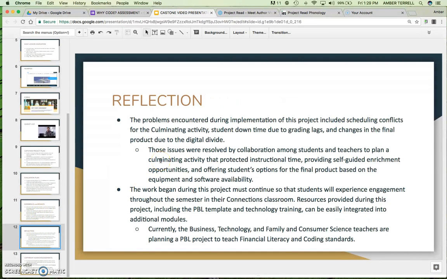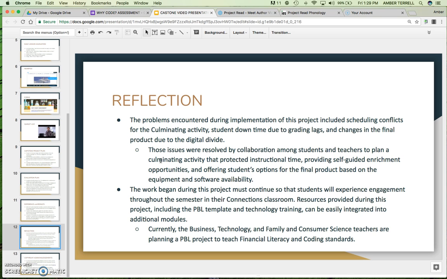As I reflect on this experience, I remember that we encountered a couple of problems, including scheduling conflicts with our culminating activity, student downtime due to grading lags, and changes in the final product due to the digital divide. So what we did was we collaborated between students and teachers to plan a culminating activity that did not interrupt instructional time.